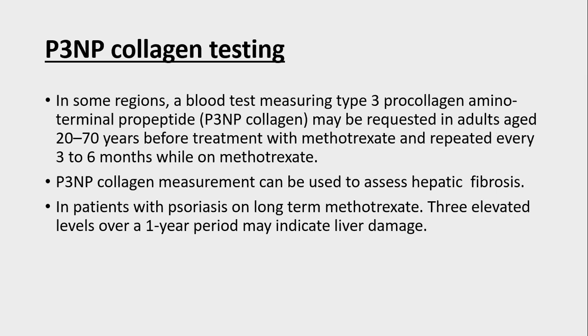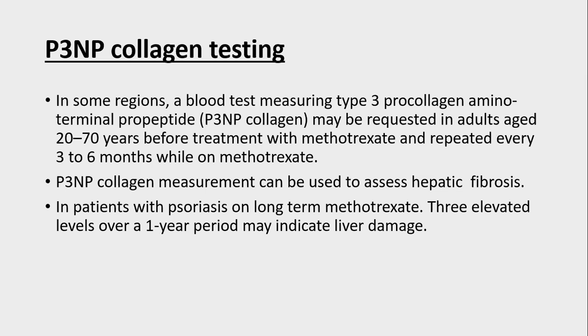P3NP collagen testing. In some regions, blood tests measuring type 3 procollagen amino terminal propeptide, which is P3NP collagen, may be requested in adults aged 20 to 70 years before treatment with methotrexate and repeated every 3 to 6 months while on methotrexate. The P3NP collagen measures are used to assess hepatic fibrosis.